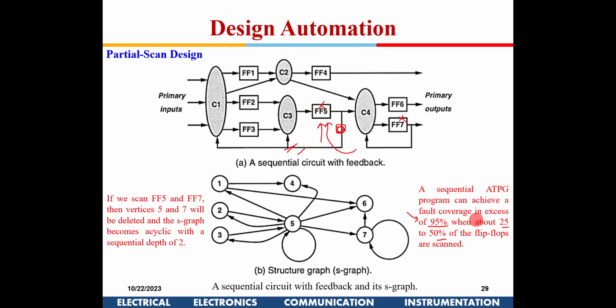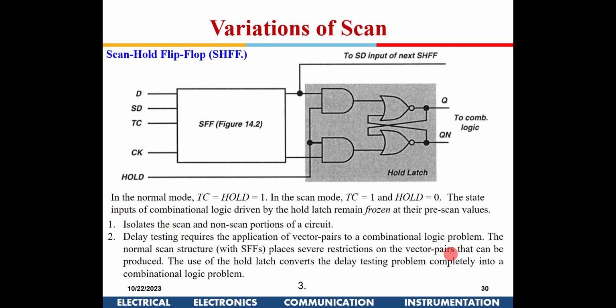Okay, so obviously if you make it full scan, then this will go to 100%, but you will save upon the area and space and things like that, so there is a trade-off there. So that depends on circuit to circuit and the design requirements. So this one is partial scan.